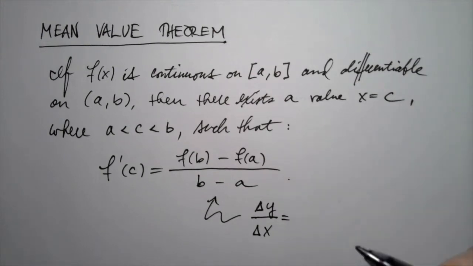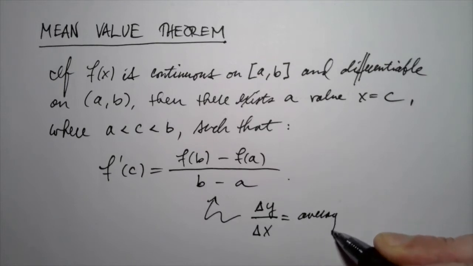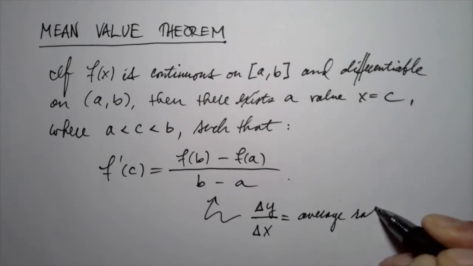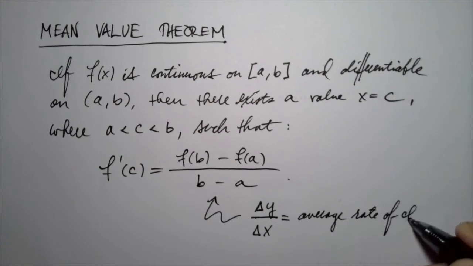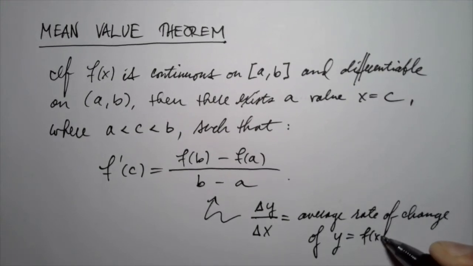This is a slope of a secant line. This is the average rate of change of the function on this interval. So the right-hand side of this equation is exactly the average rate of change over the entire interval.